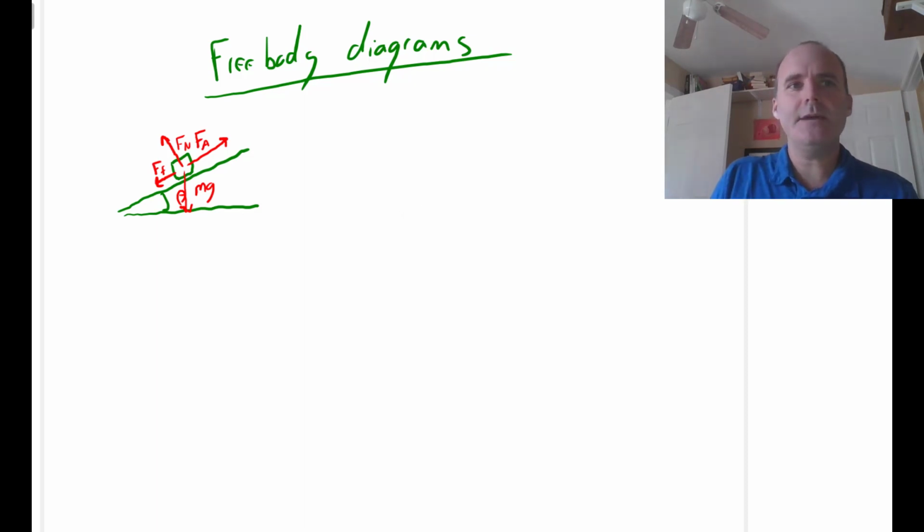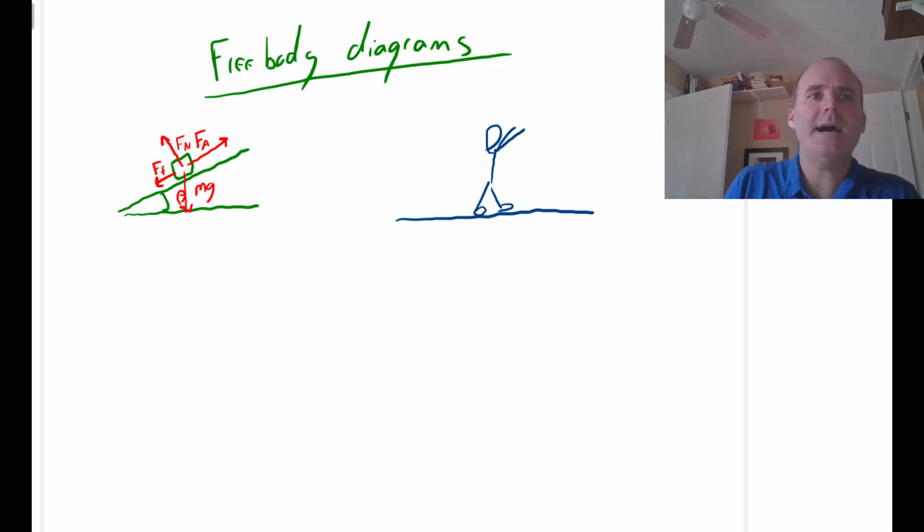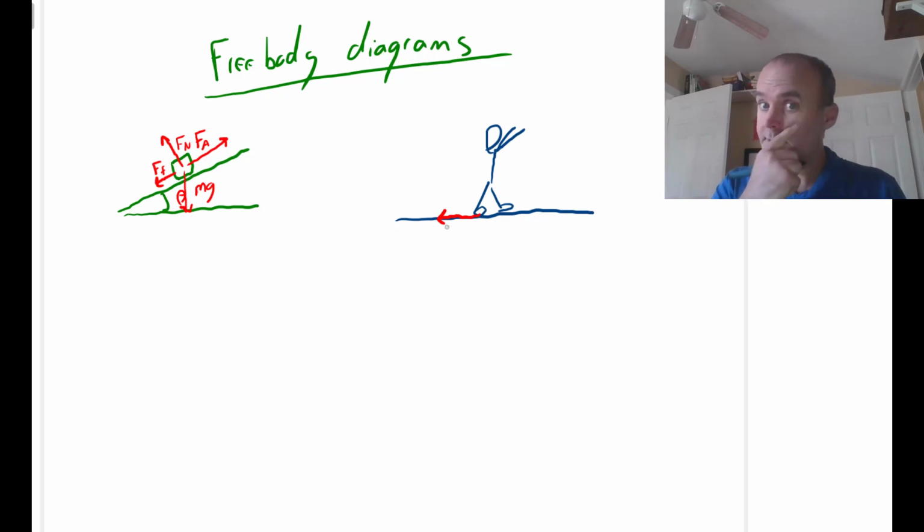All right, sometimes on the AP Physics test, they have you draw the forces at the point where they're acting. Let's do an example of someone walking. A lot of times it will say something like: where are the forces and where are they acting? So let's say someone is walking forward, and we're drawing the free body diagram for this person.